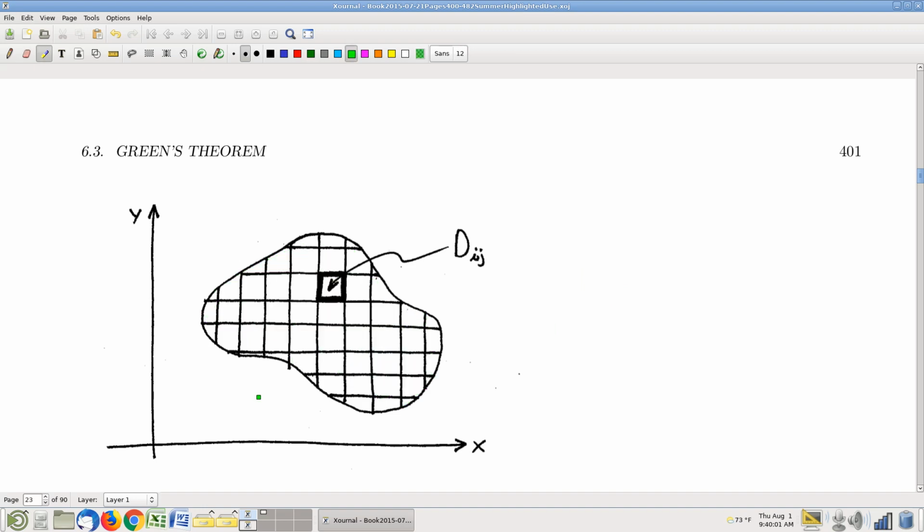Is it true that if I look at the boundaries of each individual piece, and don't forget this piece over here has a boundary, if I look at all these little boundaries and add them all up, do I get the boundary of the whole? That's going to be our first question to consider.